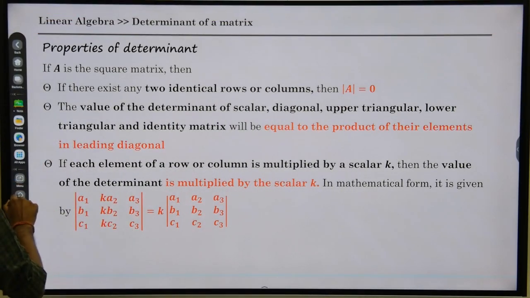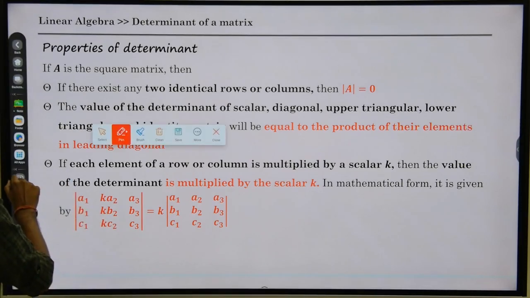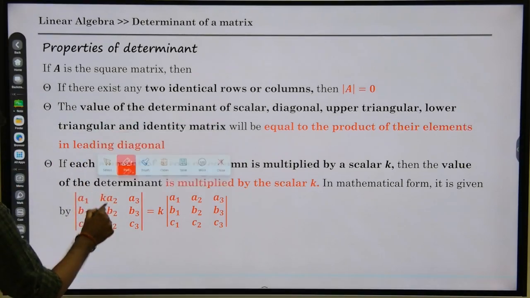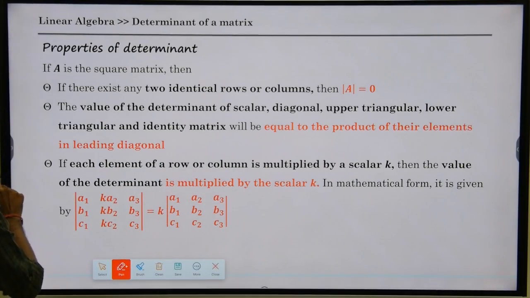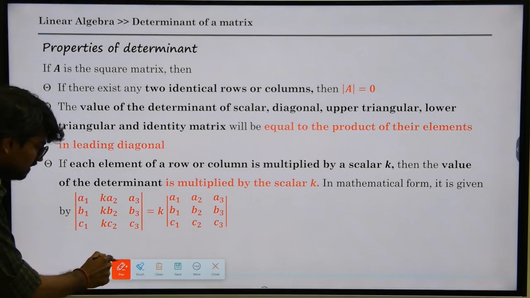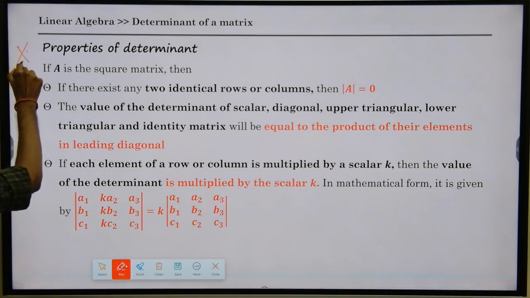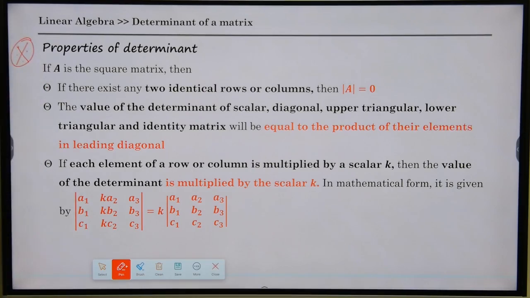So let us proceed one slide at a time. Parallelly copy each slide. That will be better. And while copying the slide, read the property properly and then copy. Very, very important. All the properties are very important. You will have around 13 to 15 properties overall in determinant alone.